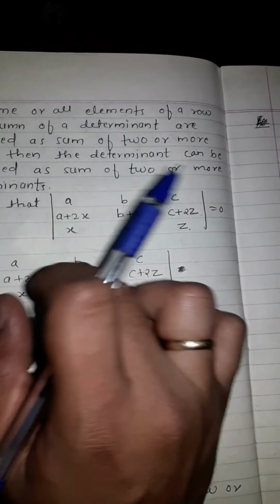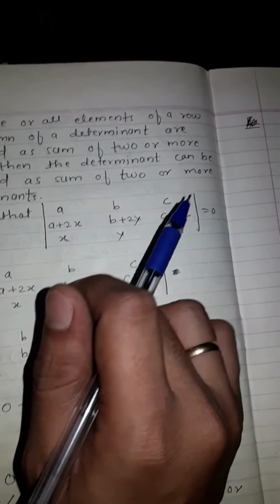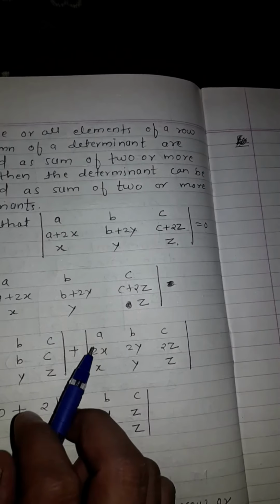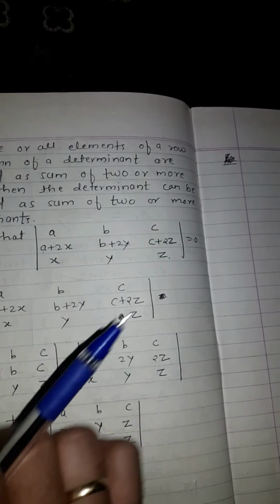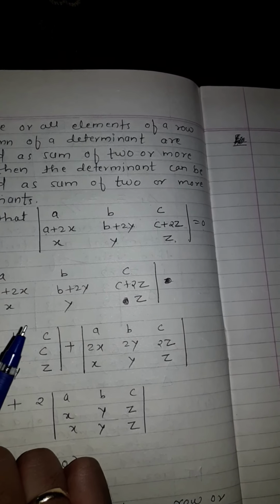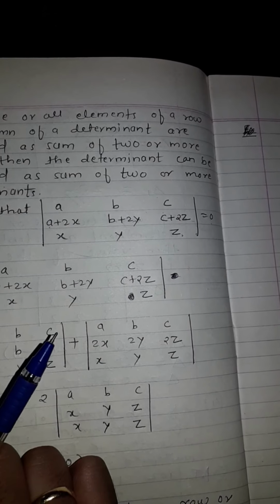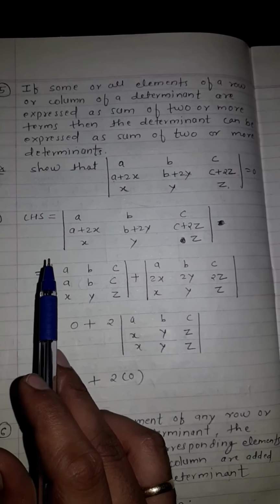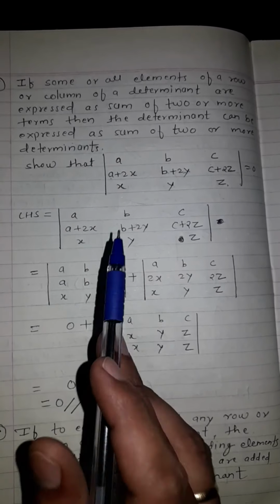If in a determinant any row or any column is expressed as a sum of two terms, then that determinant can be expressed as a sum of two determinants. I think you can just see now in the example. I have taken this LHS as I have written.